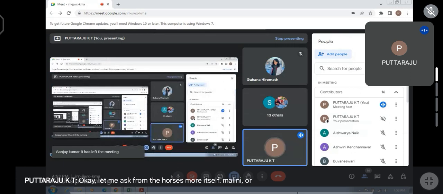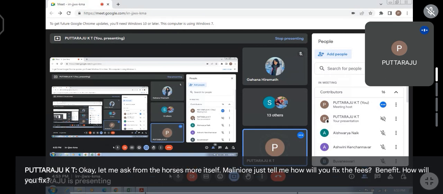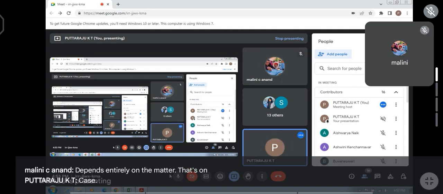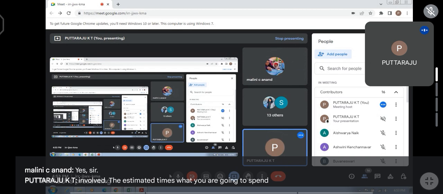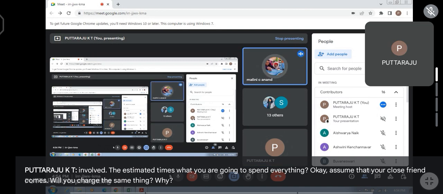Malini, just tell me, how will you fix the fees? It depends entirely on the case on hand, sir, the amount of complications involved, the estimated time you are going to spend, everything. Assume that your close friend comes. Will you charge the same thing? No, sir. Because she is a friend.